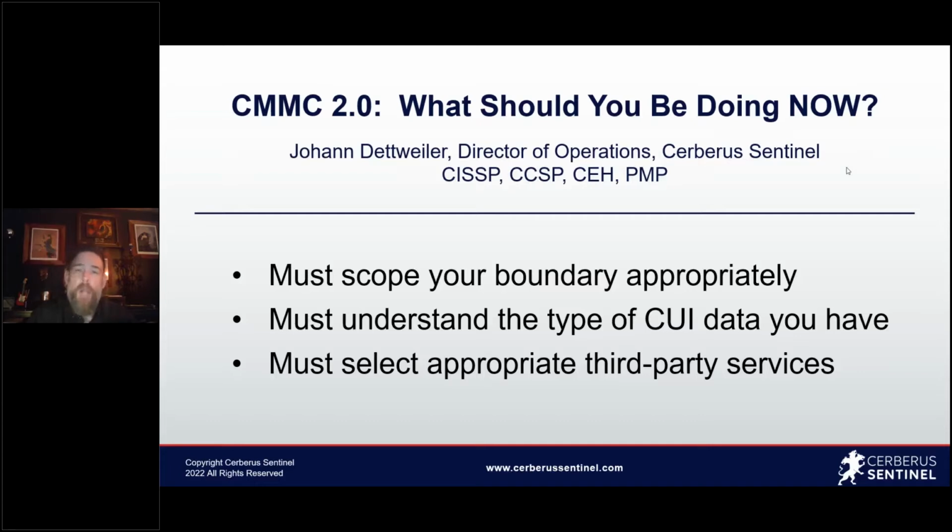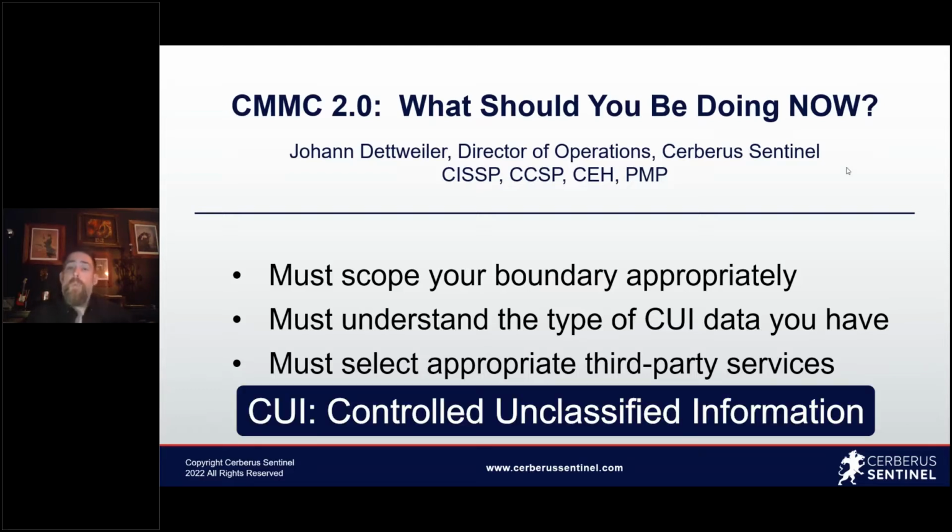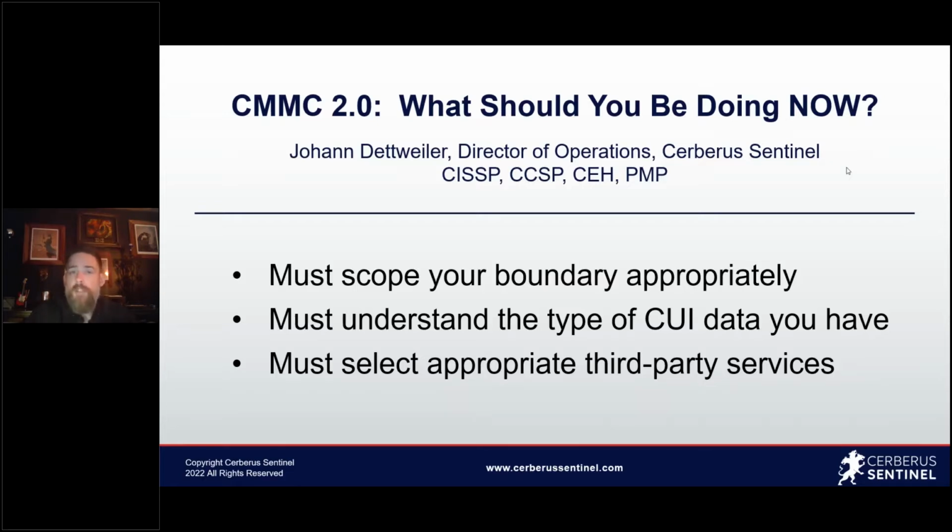You'll see there's a call-out box that says what an organizational system is. The important thing to understand is that basically it's any component that has the ability to process, store, or transmit CUI. So when you're designing your boundary, you should take into consideration only those components that are going to be interacting with CUI.